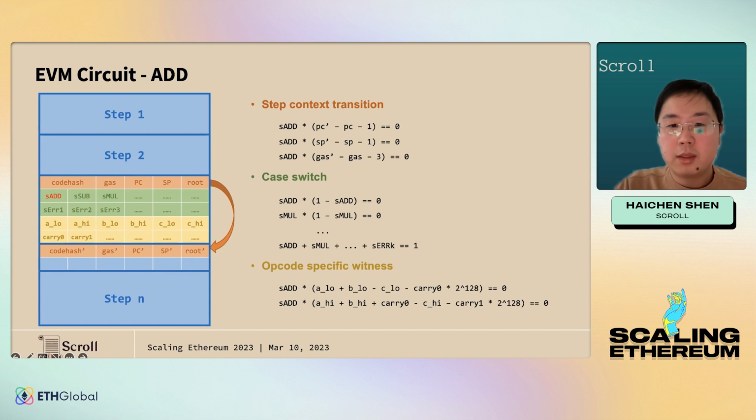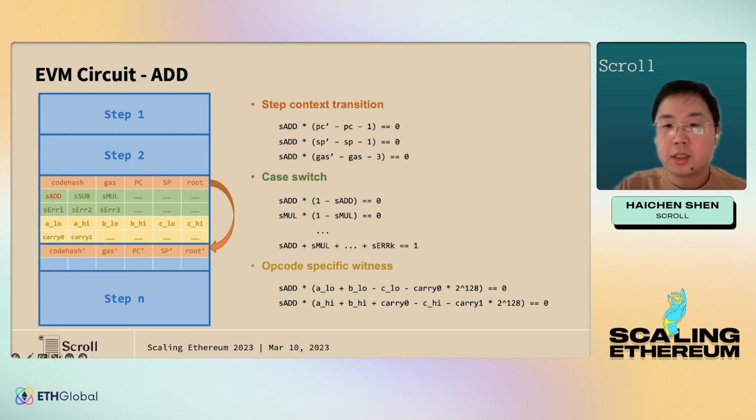For example, because of the field incompatibility between the circuit and the EVM: the EVM word has 256 bits, but inside the circuit you can represent a value of up to 253 bits. That's why you need to break those words down into two parts, the high 128-bit and the low 128-bit values. And then you need to do the additions.